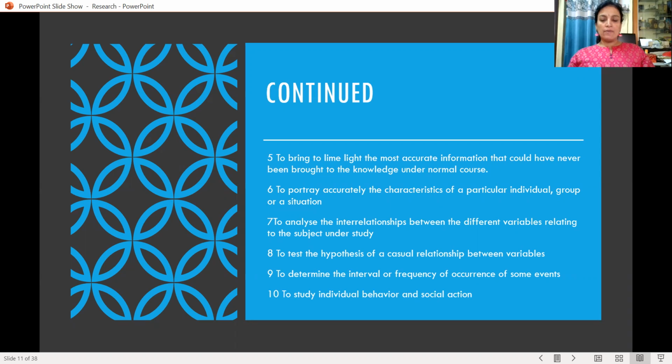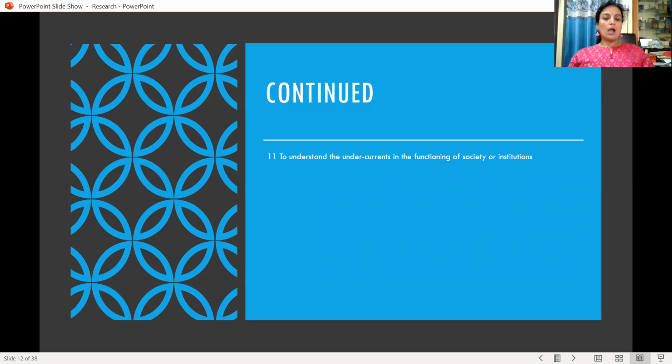To study individual behavior and social action. So, to understand the undercurrents in the functioning of society or individuals. See, we as an individual, we behave in the society, and sometimes if we are in a group, if we are in a mob, then in that gathering, our behavior will be changed.